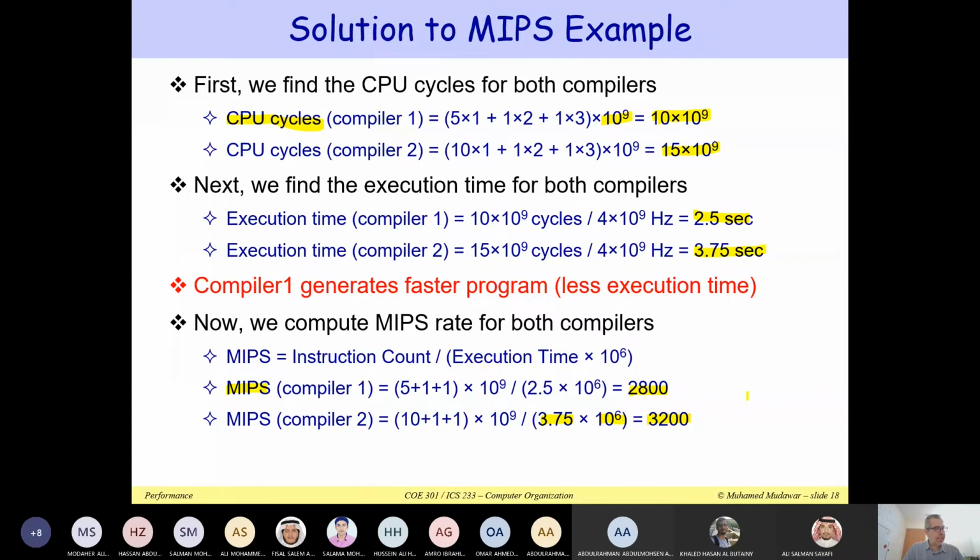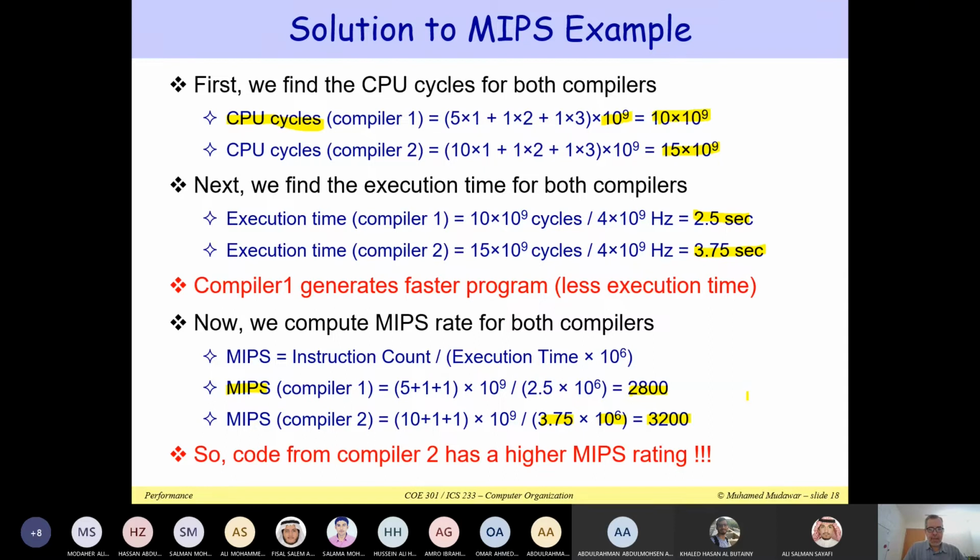Now, which one is a higher MIPS rating, 2,800 or 3,200? Clearly, which one is higher? Compiler 1 or compiler 2? Yeah, compiler 2. So compiler 2 is generating a program that runs at a higher MIPS rating.